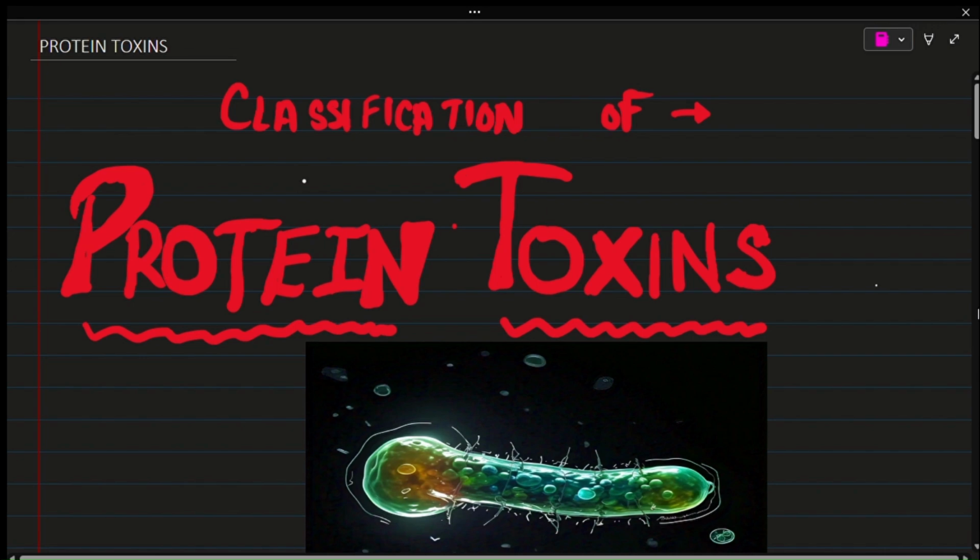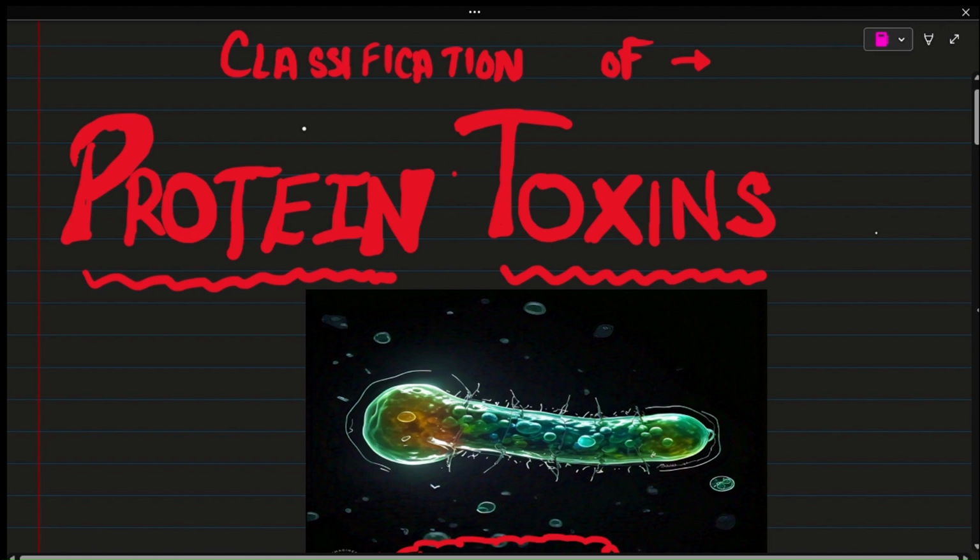In this class, we are going to study the classification of protein toxins, right? Protein toxins are very important, okay? As you know about antigens, antigens enter into our body, then our immune response works against them.